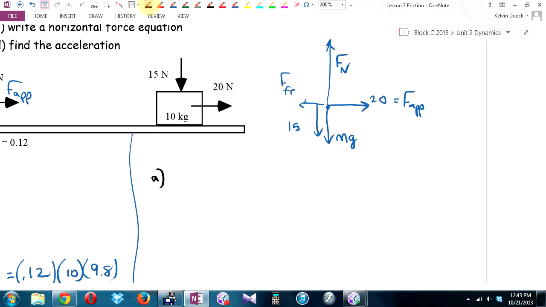No. Yeah. There's my vertical force equation. You could also go Fn minus 15 minus mg equals 0. I love the fact that you said, you know what, since they're balanced, I can probably just have everything up equal everything down. Yes.